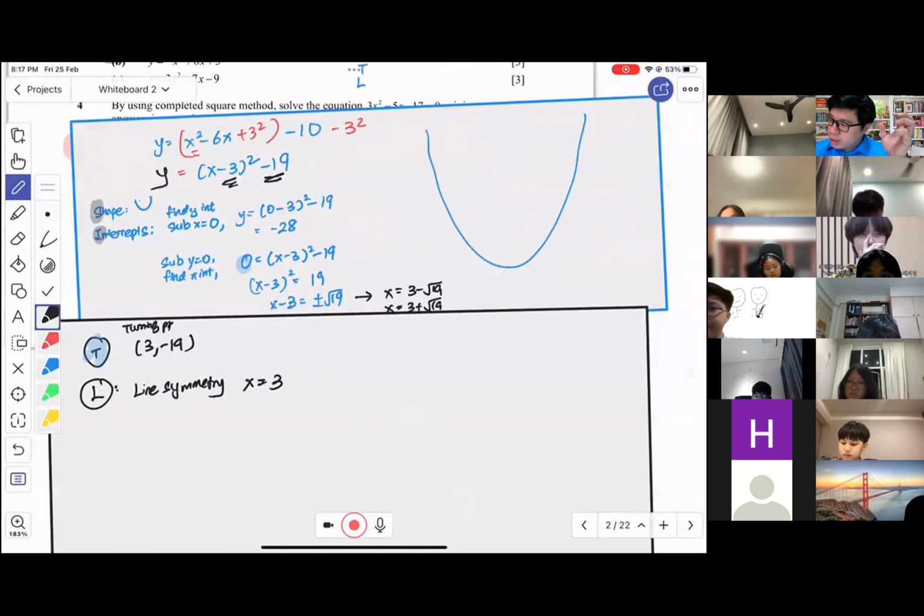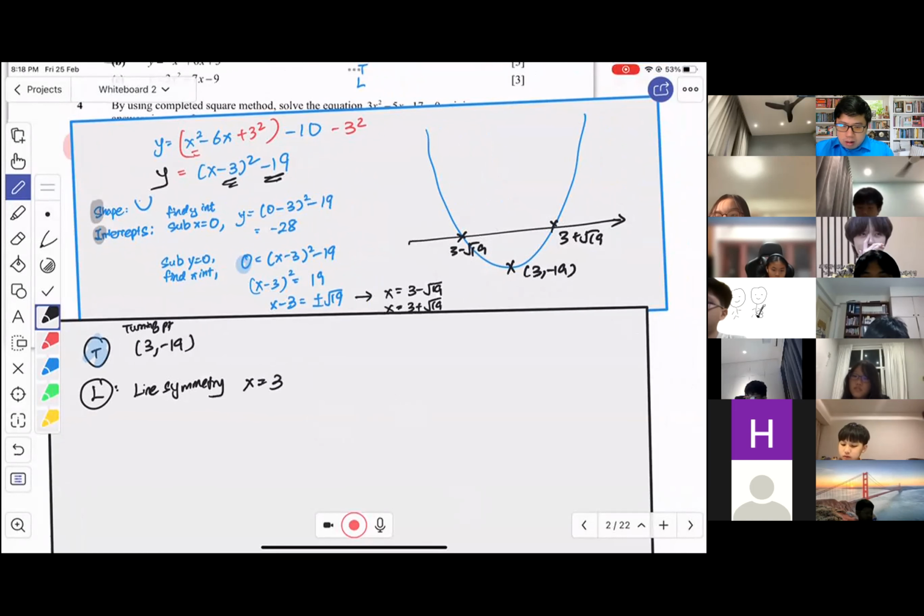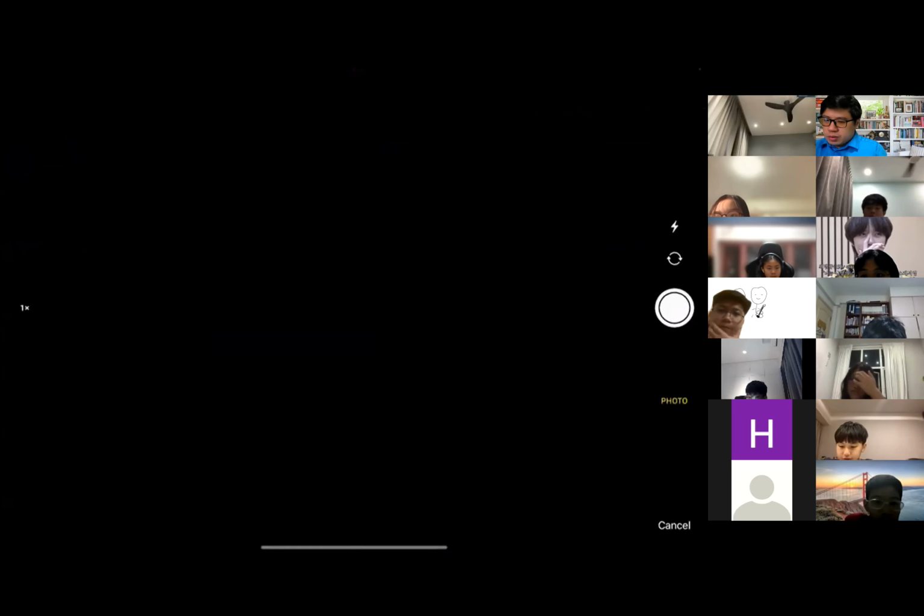We know that here the turning point is 3, negative 19. The x intercepts are 3 minus square root 19 and 3 plus square root 19. 3 minus square root 19 is approximately negative 1.355.